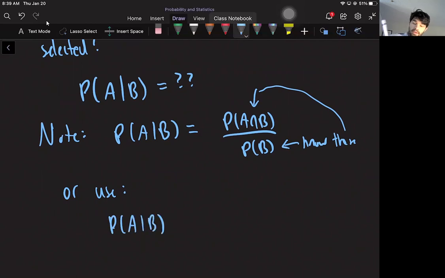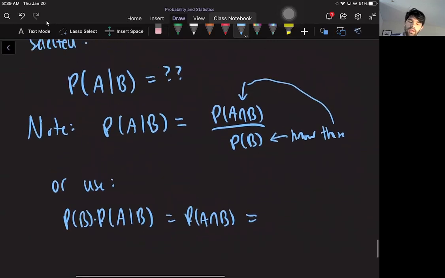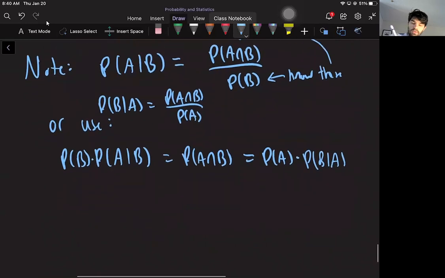If I multiply the P of B over and solve for that, but as we've said a couple of times now, this guy, the intersection, can be written in two different ways, because you can also do the probability of B given A is the probability of the intersection divided by the probability of A. So then if you multiply the probability of A over, you get this relationship.